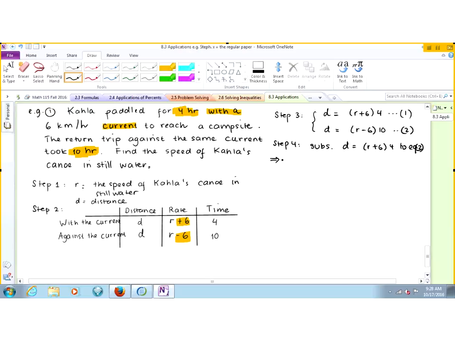So when I substitute, what do I have here? So r plus 6 times 4 is equal to r minus 6 times 10. All right. Good. So what do we have here?